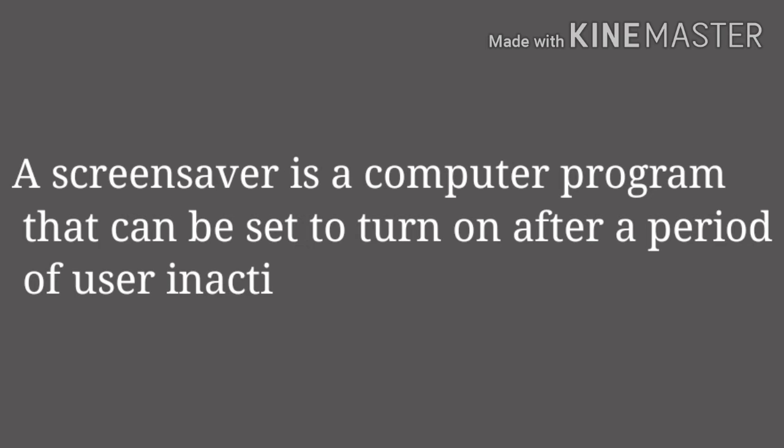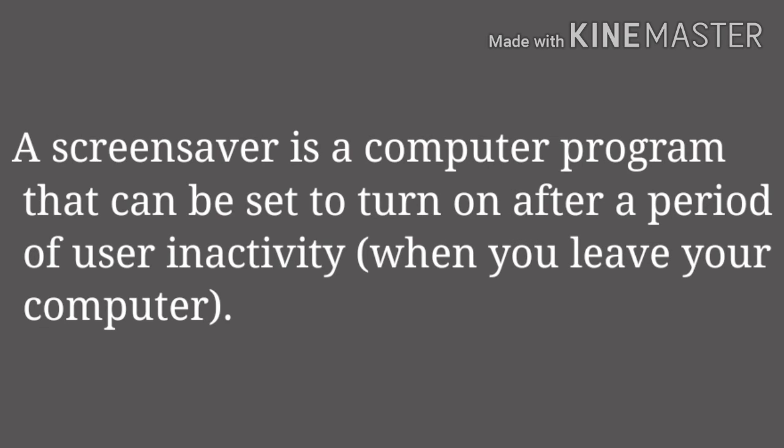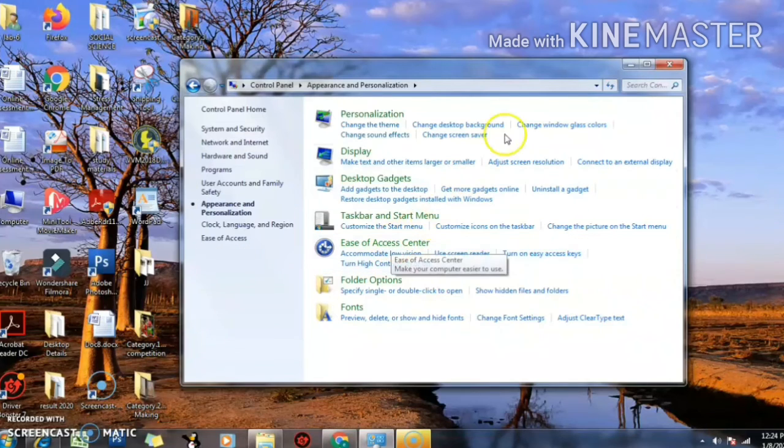Now let's see how we can change the screensaver. Before that, do you know what a screensaver is? It can be an image or a design which appears on your Windows display if the computer is left idle for some time. We can change the screensaver using the change screensaver option in the personalization applet.